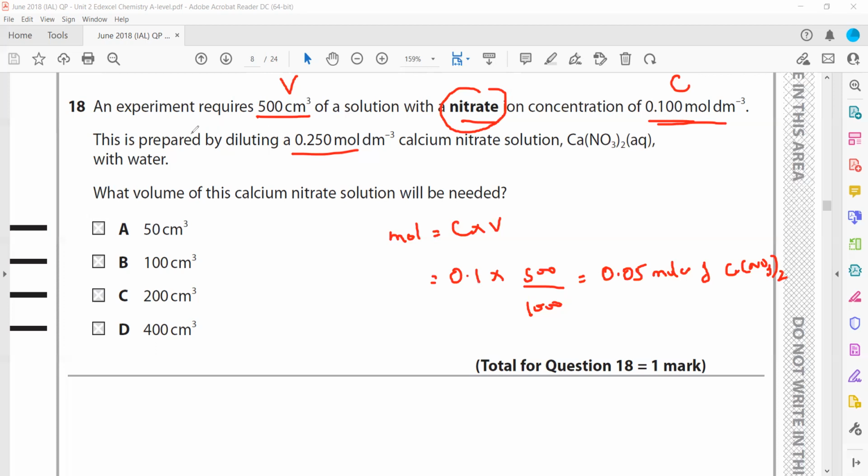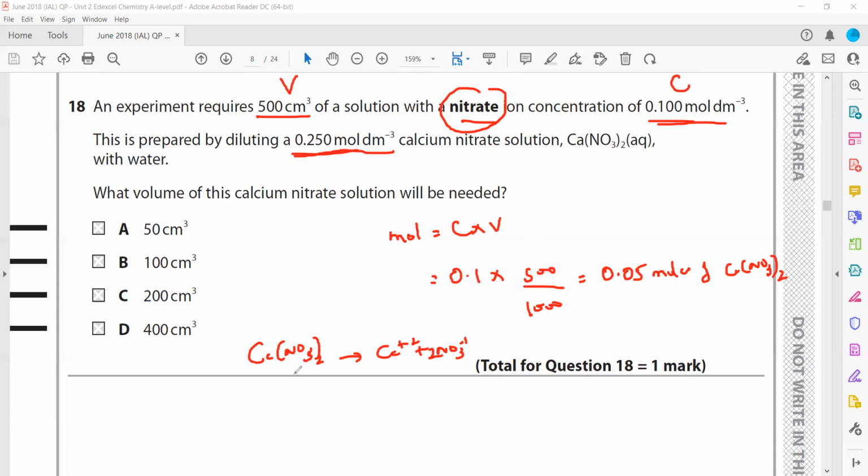And this is prepared by diluting a solution which has a concentration of 0.25 calcium nitrate. Calcium nitrate, Ca(NO3)2, contains calcium ion and nitrate ion. So how many nitrate ions are there? 2.